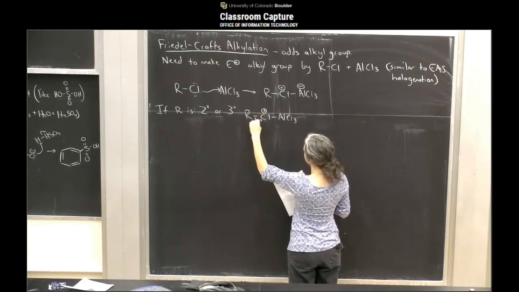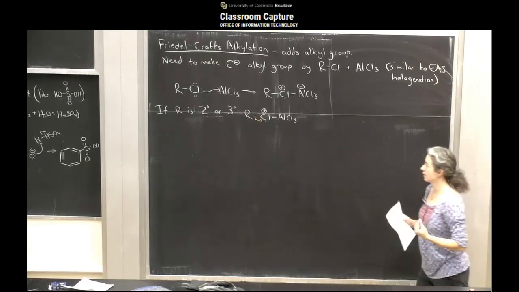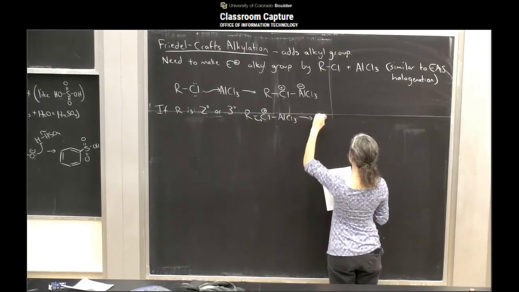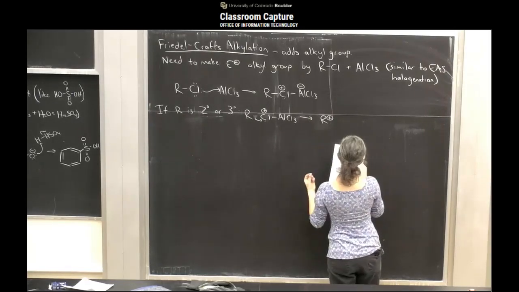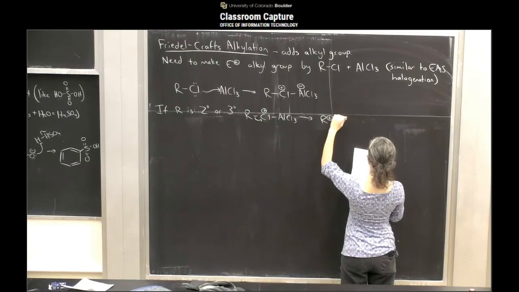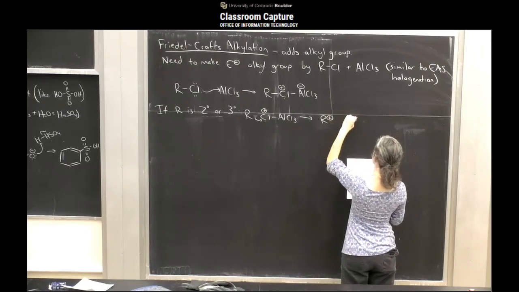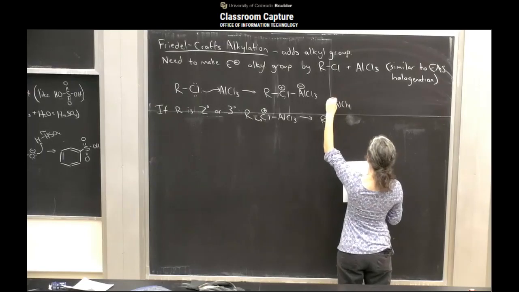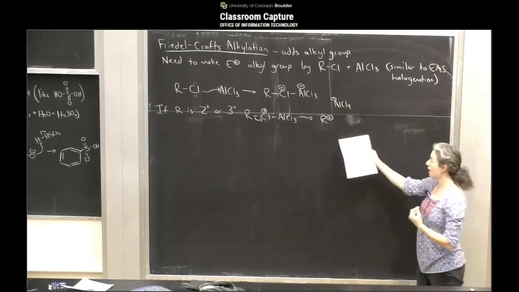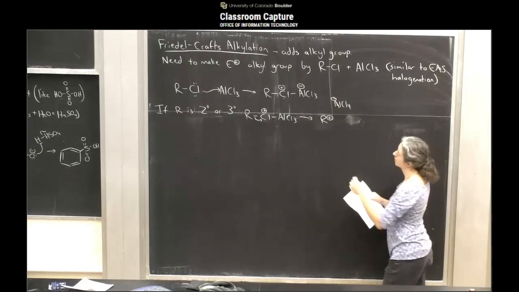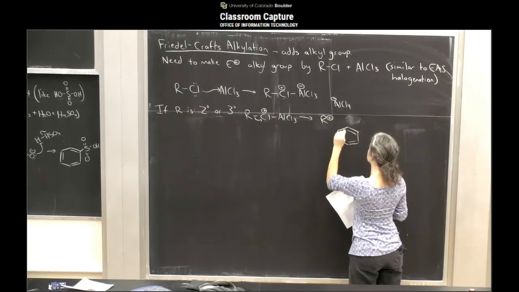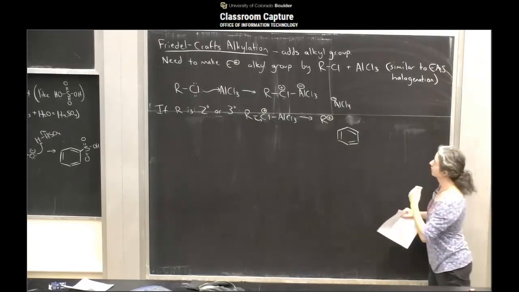So at this point, you just break that R-Cl bond, kick the electrons onto chlorine, give it its lone pair back. That gets you a carbocation, and then draw this up here, AlCl4 minus, and then the carbocation that we have, benzene can go attack.